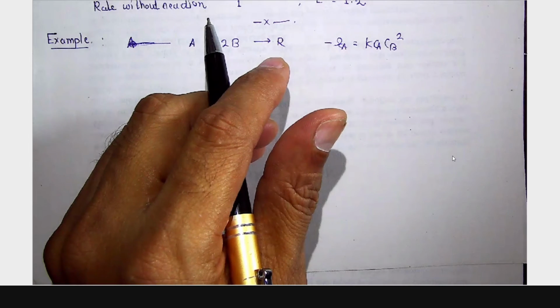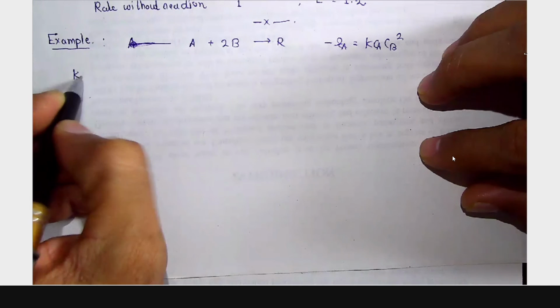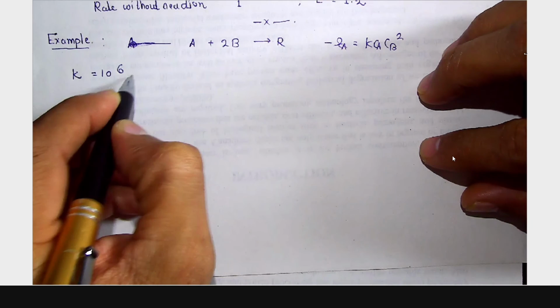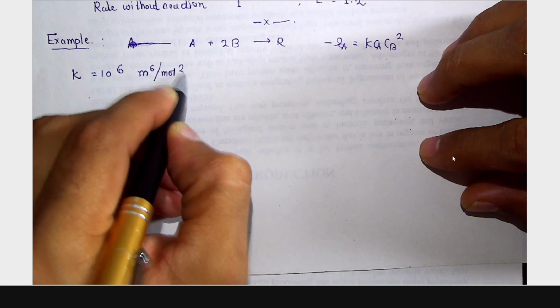With other parameters value, like K is equal to 10 to the power 6 meter 6 per mole square hour. Remember, rate constant.